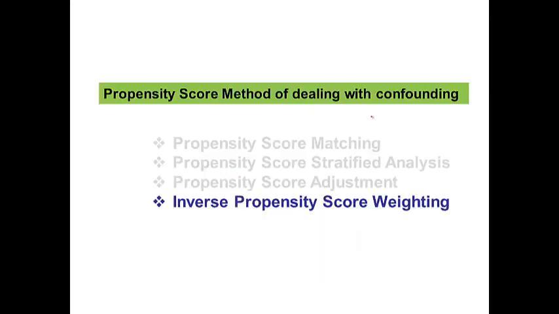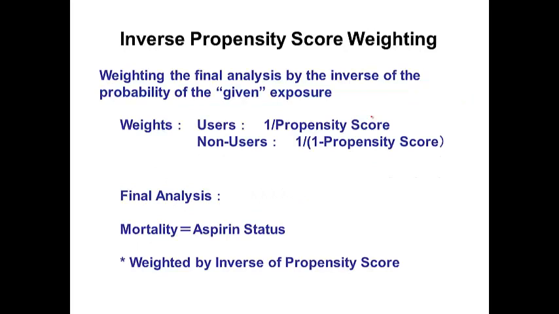And next one is the inverse propensity score weighting, and sometimes we call this the IPW method. Instead of matching, stratification, or adjustment, what they do is use a technique called weighting, and that will correct differential distributions in patient severity between treatment groups.